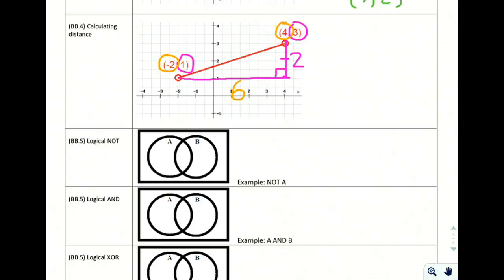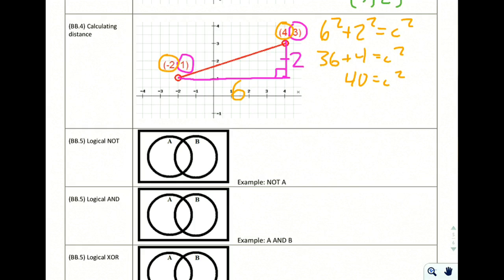Now I have my triangle set up. So all I need to do is take 6 squared plus my 2 squared, and that's going to equal my c squared, or my distance squared. So 36 plus 4 equals c squared. Add those together and I have 40 equals c squared.